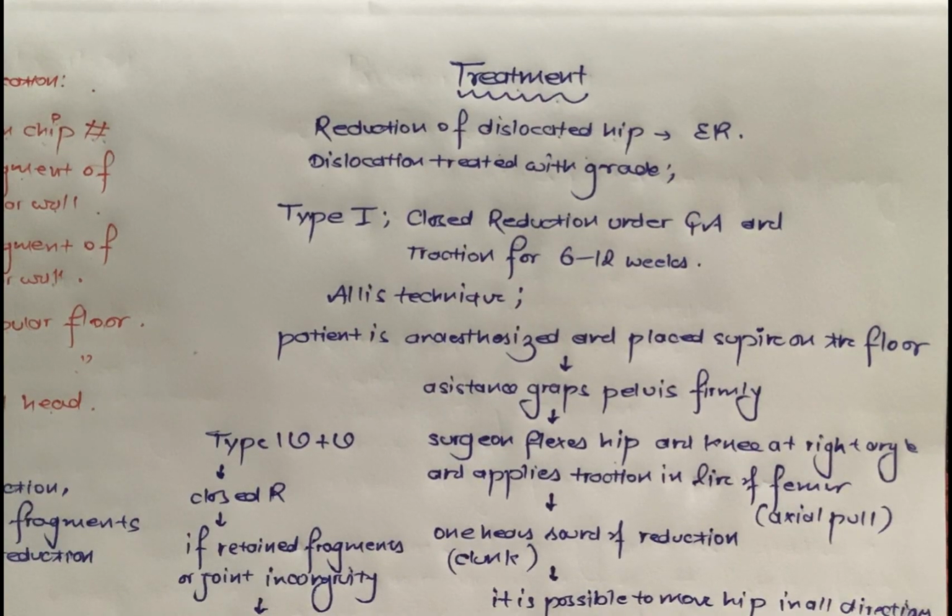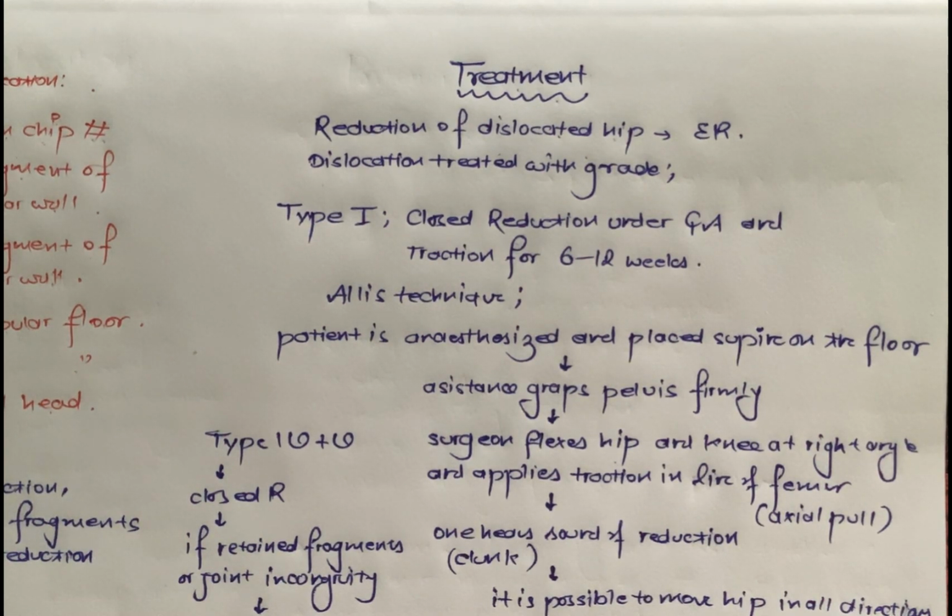And now talking about the treatment, reduction of a dislocated hip is an emergency, since the longer the head remains out, the more the chances of it becoming avascular. In most cases, it is possible to reduce the hip by manipulation under general anesthesia. The chip fracture of the acetabulum, if present, usually falls into place as the head is reduced.